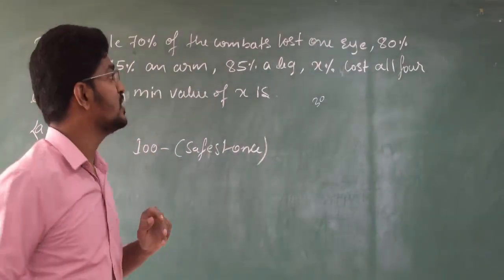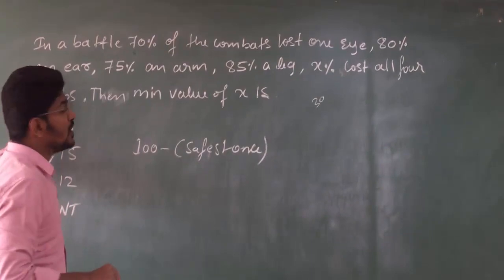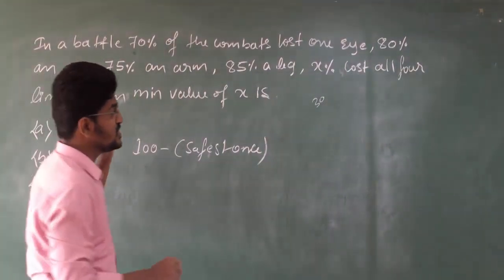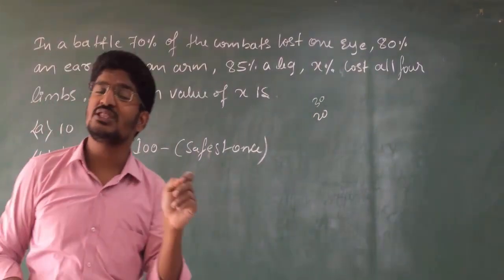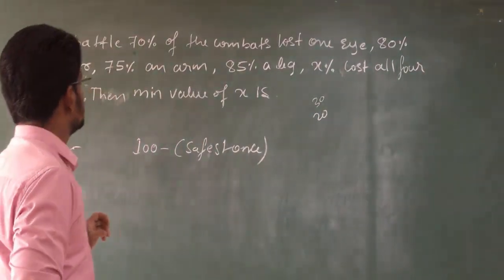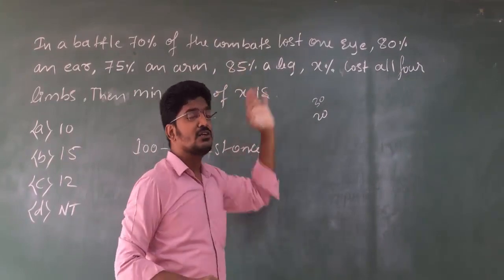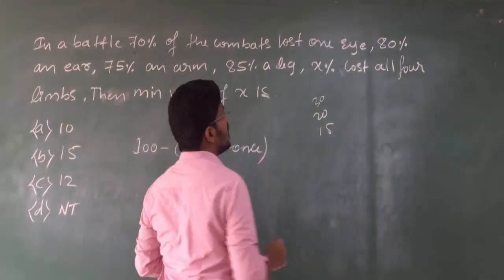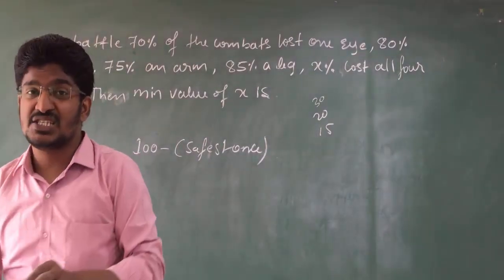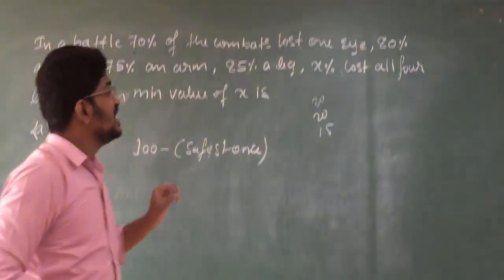Are you getting my point? And 80% lost an ear, that means 20% of the people are safe with their ears. Next, 85% lost their leg. That means 15% are safe with their legs. Are you getting my point?